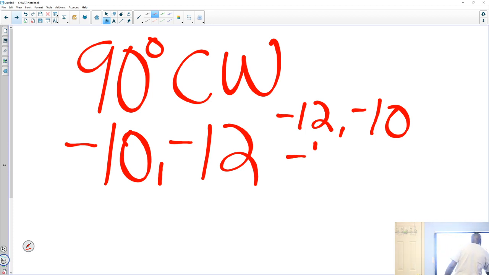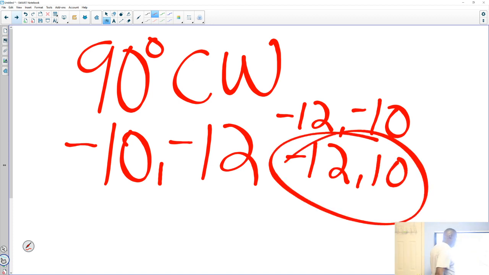So that'll be negative 12 and 10, and that is your answer. So you flip it on 90 degrees clockwise, 90 degrees counterclockwise, 270 clockwise, 270 counterclockwise. No flipping on 180. That's rotation for you.